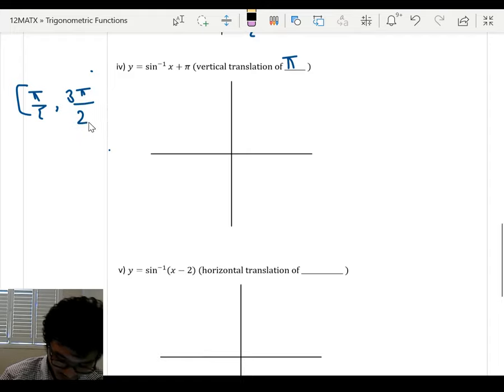Marking that in, that's the bottom section. Here's the top. It's pi over here.